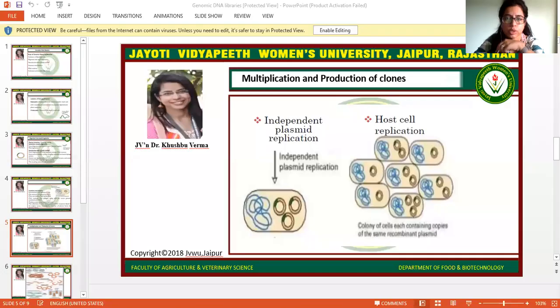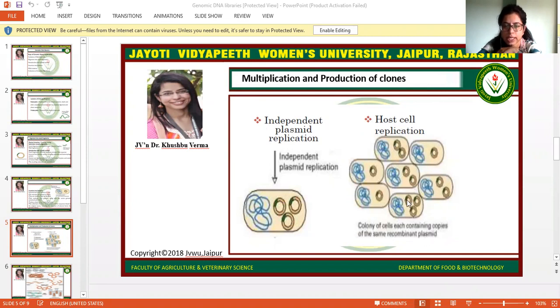For understanding it more, we can use a diagrammatic representation by which we can understand the whole process, how the multiplication and production of the clones is done. In independent plasmid replication, the plasmids are replicated within the cell. On the other hand, when we use the host cell replication process, we can get so many colonies of cells, each containing copies of the same recombinant plasmid.